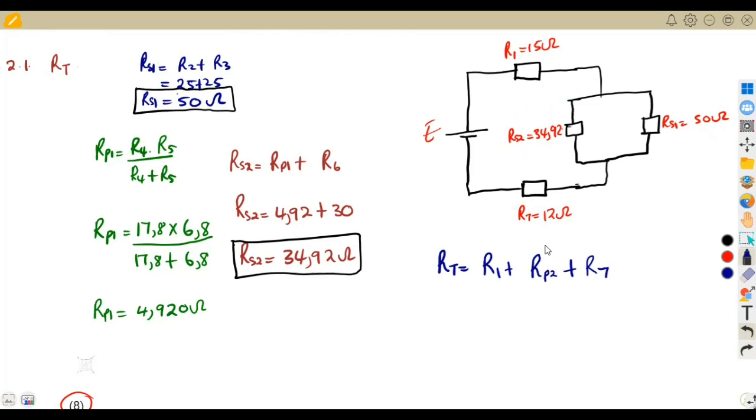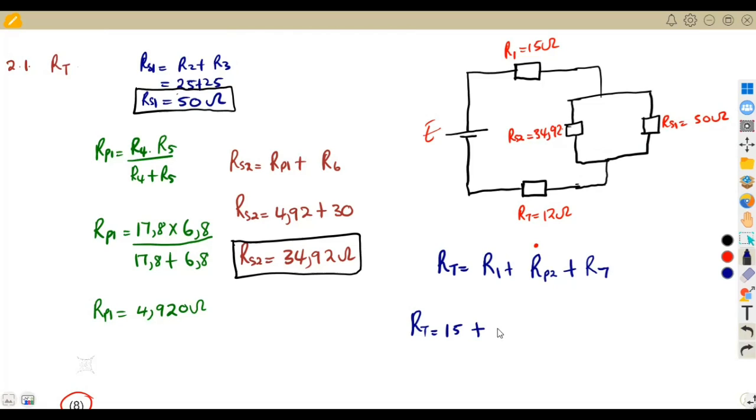All right, knowing that RP, it's a parallel, so you're going to apply the product over sum. Remember, in parallel, I said it's product over sum. All right, so that means we are going to have our RT equal to R1, which is 15, plus the second parallel combination, product over the sum.